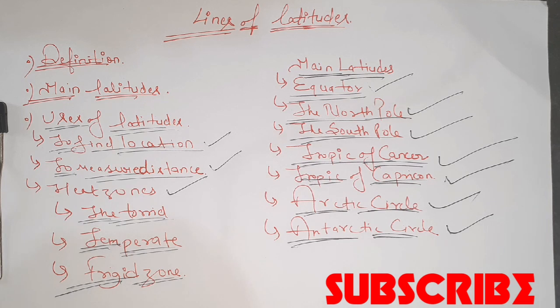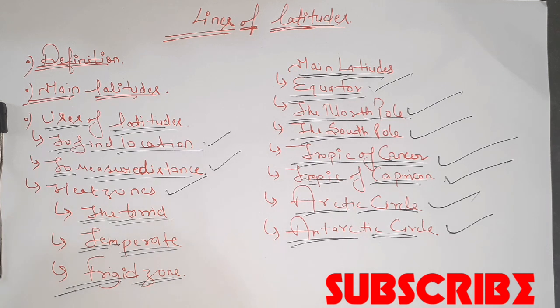If we talk about the temperate zone, the temperature is slightly moderate here. The two other important lines of latitude, on the basis of temperature, are the Arctic Circle, that is 66.5 degree north, and the Antarctic Circle, that is 66.5 degree south, okay. Between the Arctic Circle and the Tropic of Cancer, as well as between the Antarctic Circle and the Tropic of Capricorn, these two areas are the temperate zones, right?